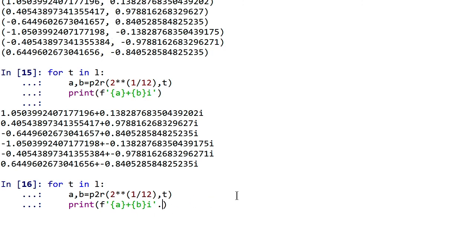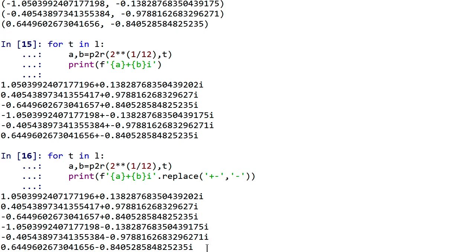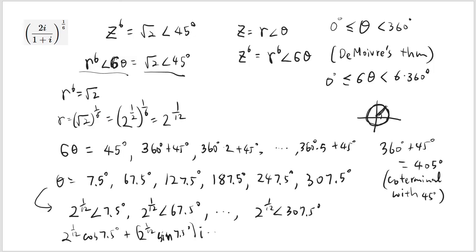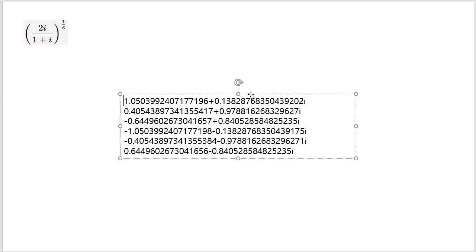But sometimes I saw these plus minuses, as you see right here. I don't like that, so I'm going to replace that with just a minus. Okay, let's hope that this works. Okay, great, it worked. So these are the answers. Perfect. I'll just copy them over here, and that's it.